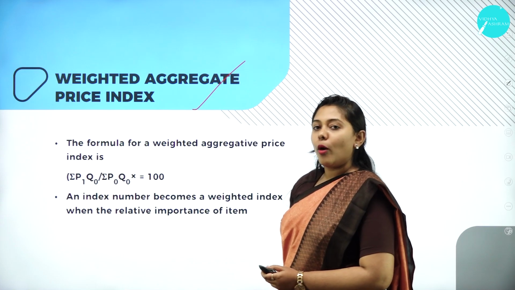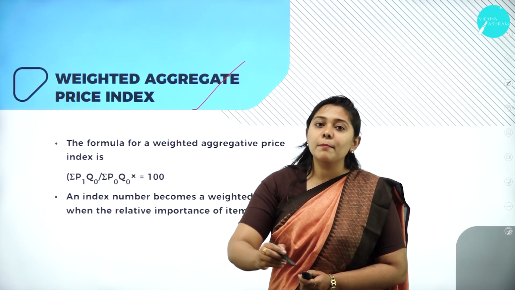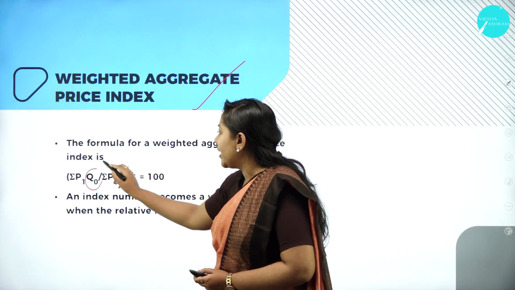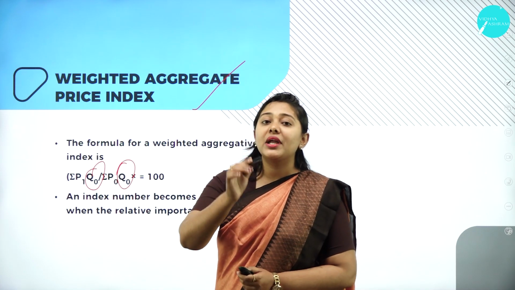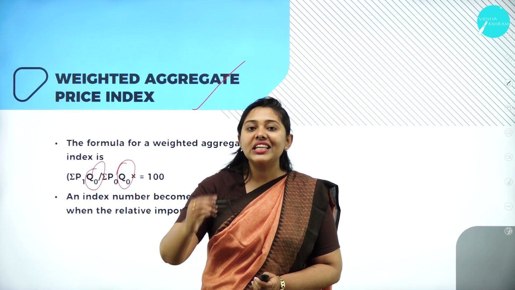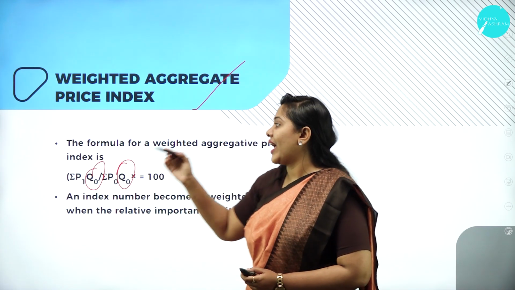The formula to compute it is just similar to your simple aggregate price index. The only difference is that quantity is added. The base period quantity is taken into consideration in your formula. Only that is the difference in weighted aggregate price index.